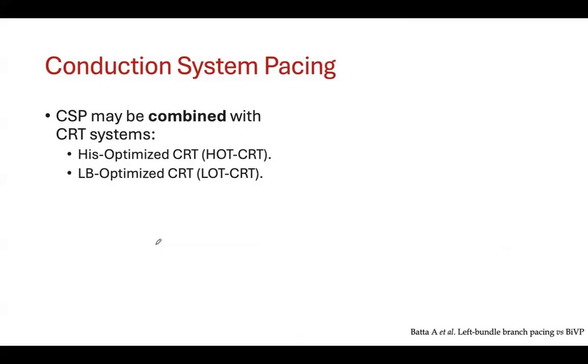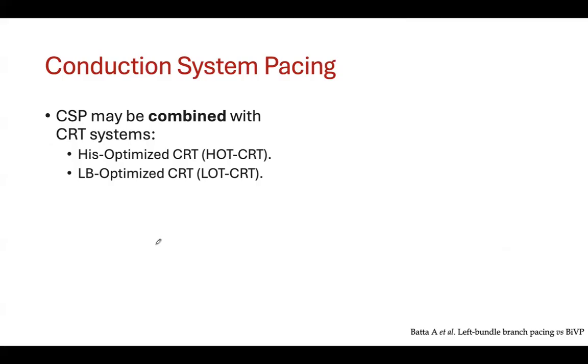Furthermore, sometimes you can do hybrid systems, for example, epi-endo CRT systems. There are complicated systems that you can do, but you can also combine other approaches. For example, you can place one lead into the HIS and another lead through the CS into the left ventricle.